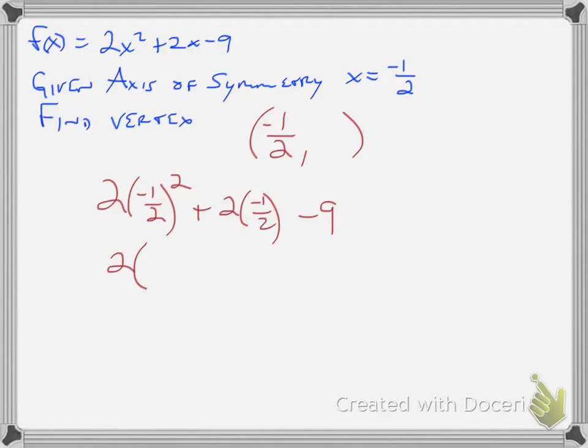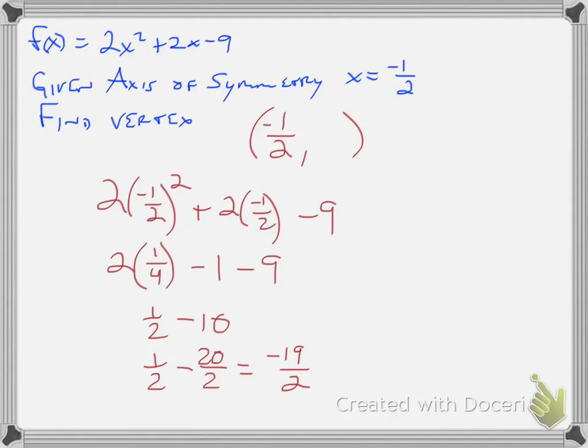When you square a fraction, negative times negative is positive. Square the top, square the bottom. This becomes -1/2 minus 9. So I have -1/2 minus 10, find a common denominator, -20/2, which is -19/2. So this is my vertex.